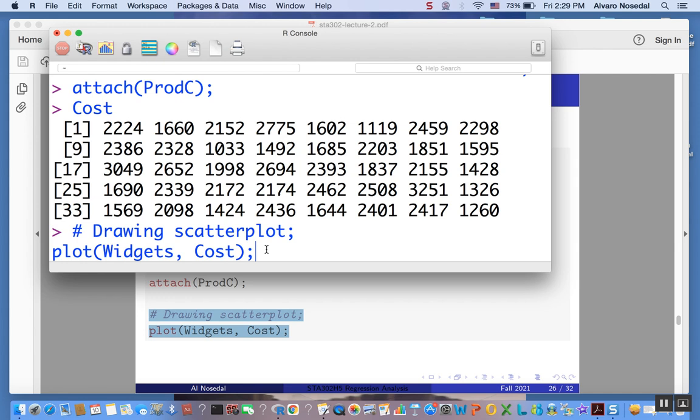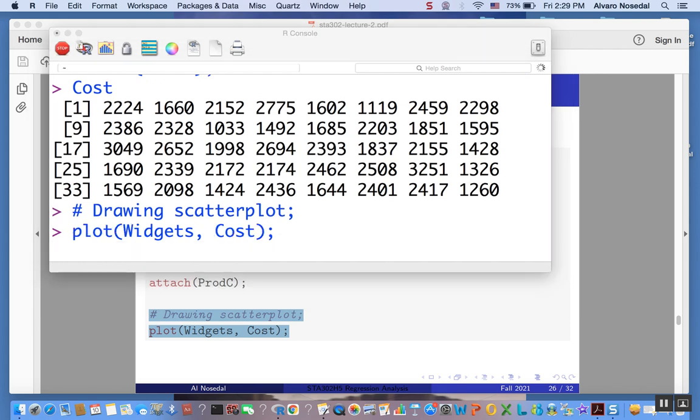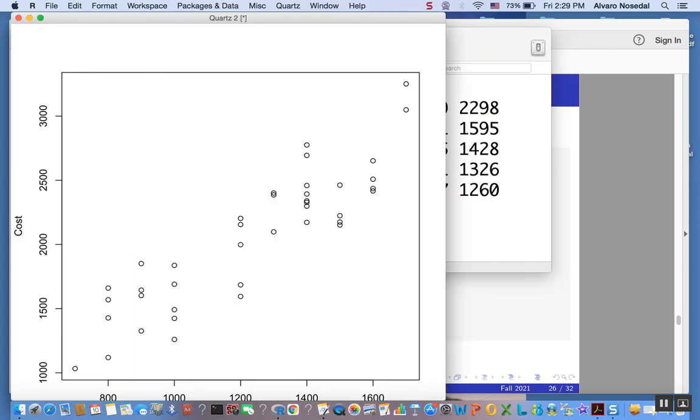So in this case we are interested in predicting cost. So this one goes second, that's the y, and this one goes first, that's the x. Okay.